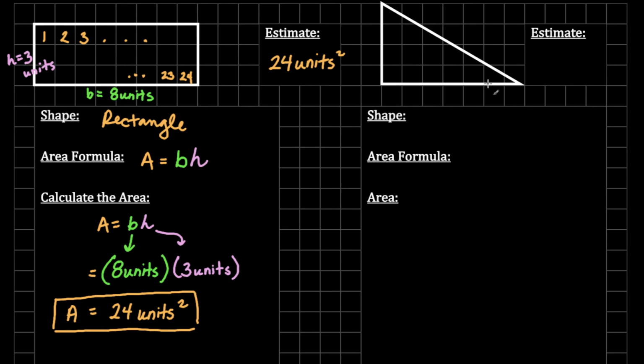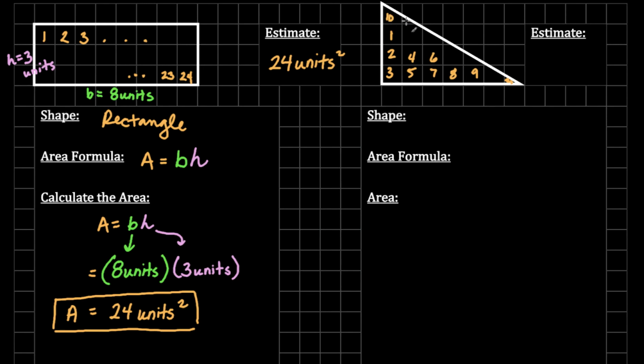All right, let's estimate the area of this triangle. 1, 2, 3, 4, 5, 6, 7, 8, 9. Okay, now I need to put these together and see how many squares. So this one and this one, maybe they give me 10.